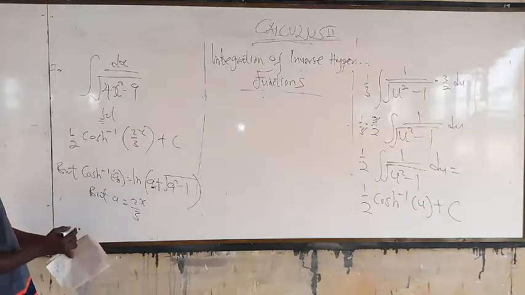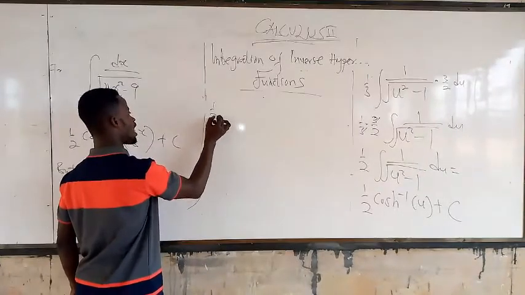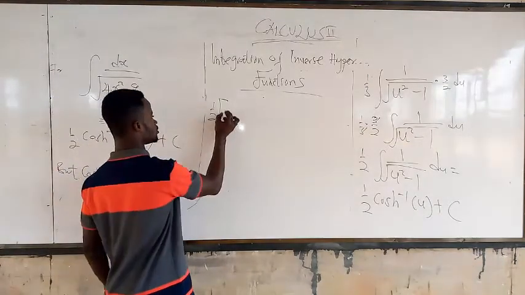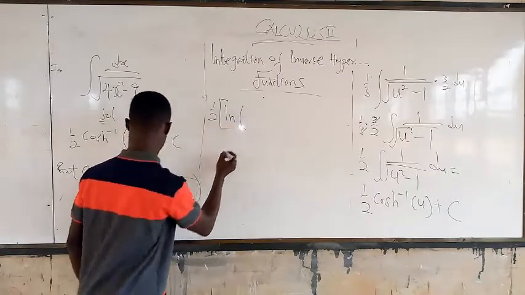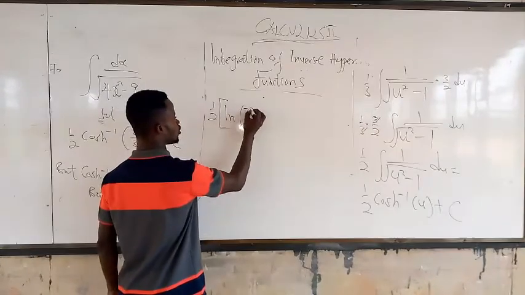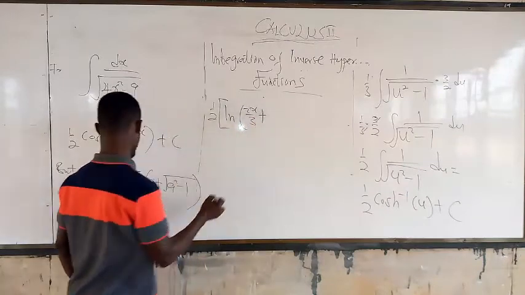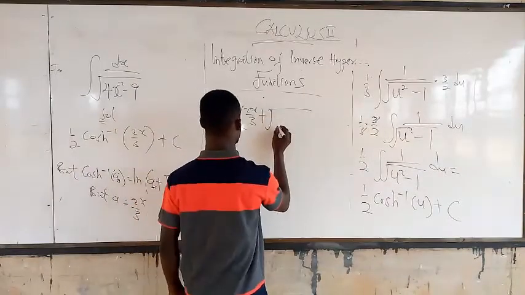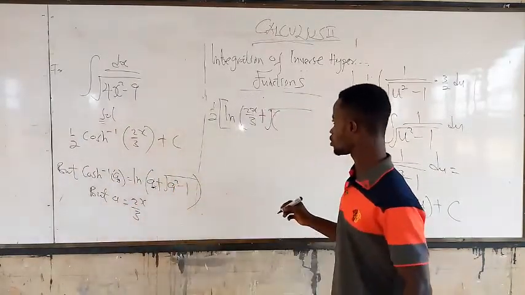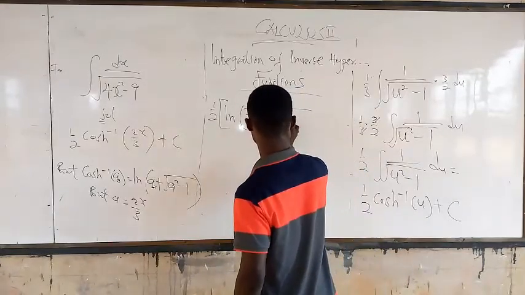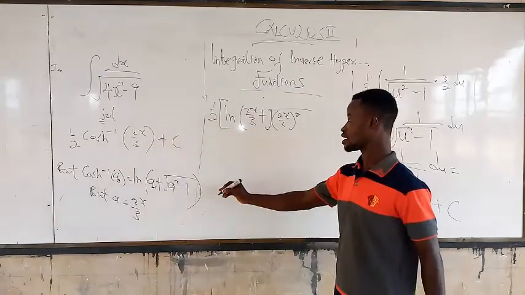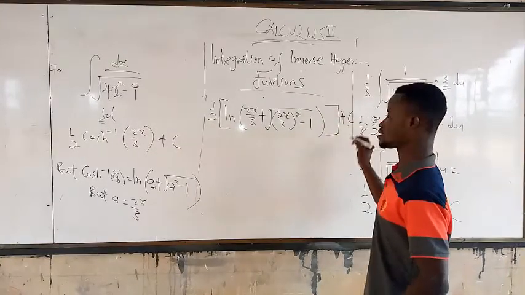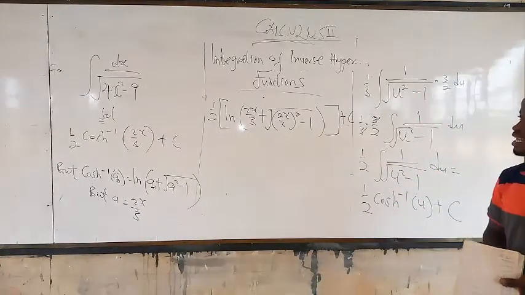So by substitution, we get half ln of 2s over 3 plus the square root of 2s over 3 squared minus 1, plus c. Beautiful. So that is exactly what we have.